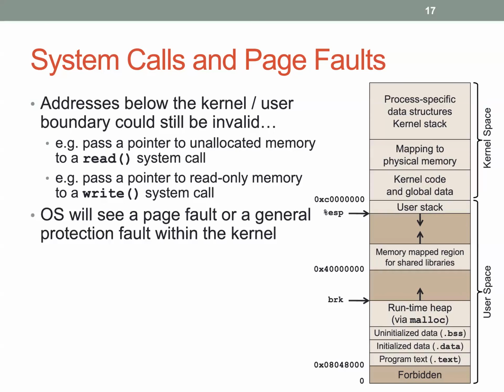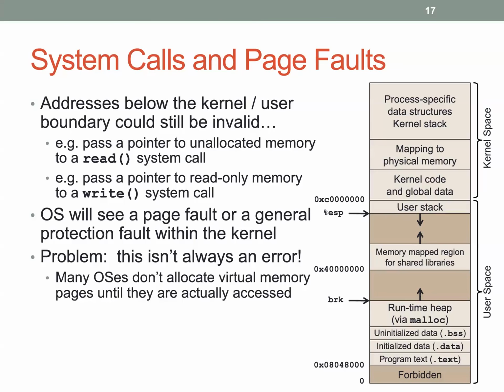So you see a fault in those situations, and the OS has to understand what that means. And so this is sort of the big challenge. The only issue with this is that it's not always an error to see a fault in the kernel. Because most of the time OSs follow something that either is explicitly demand paging or approximates demand paging.